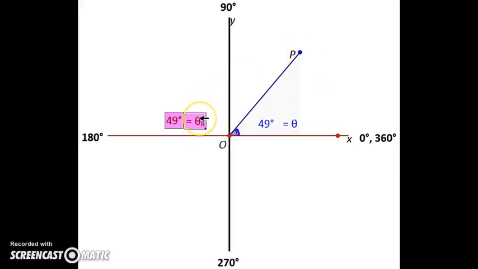Now, I've moved the reference angle over to the second quadrant because we're going to rotate point P into quadrant 2 until we get that reference, 49 degrees. The terminal arm is right here. Closest part of the x-axis is the negative part of the x-axis. So our reference angle is formed between the terminal arm and the negative part of the x-axis.